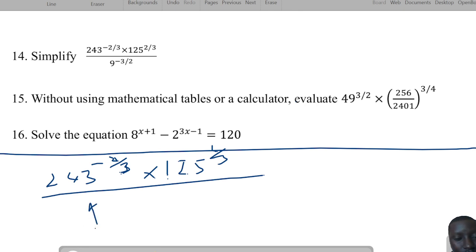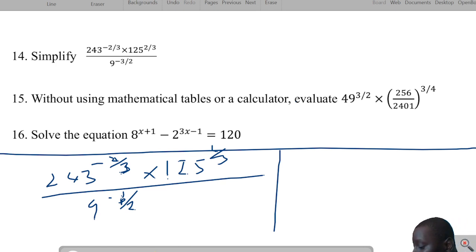9 to the power of negative 3 all over 2. And class, here basically 243 is 3 power 5.